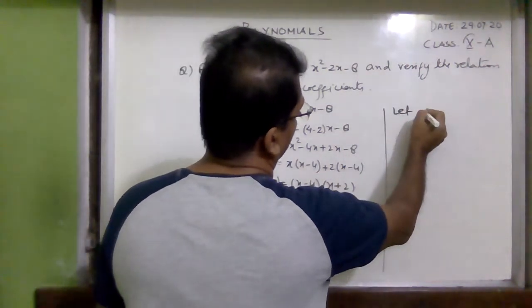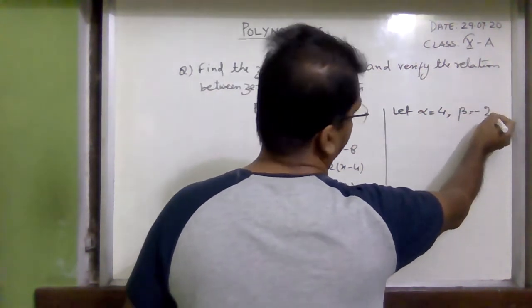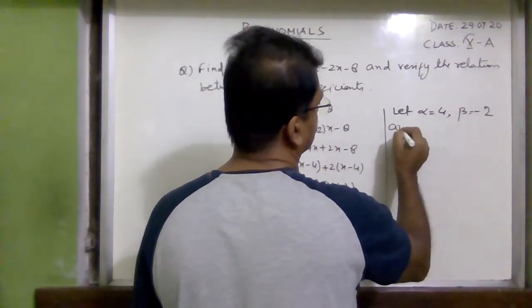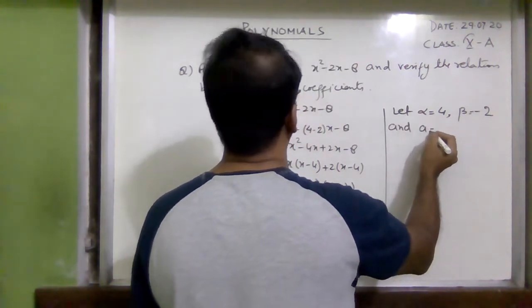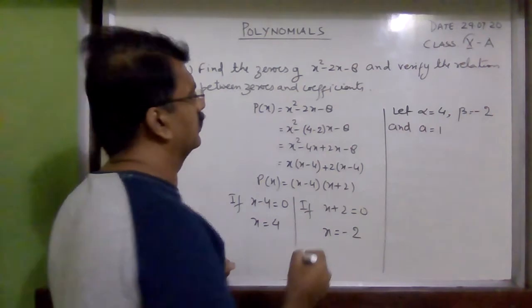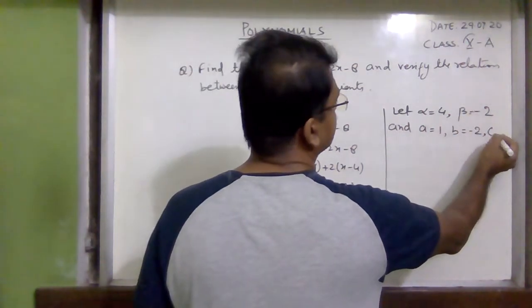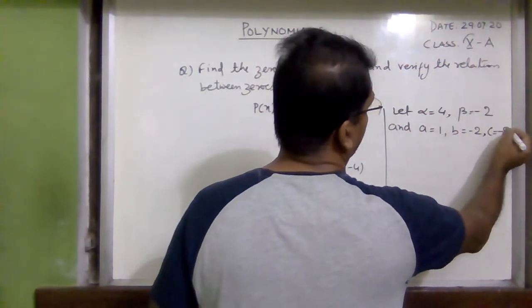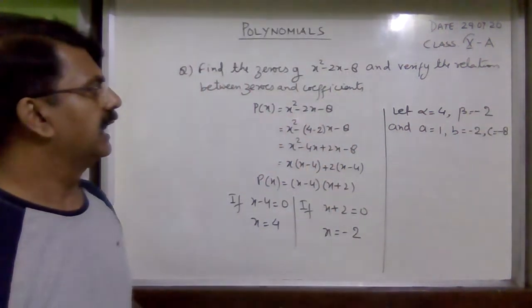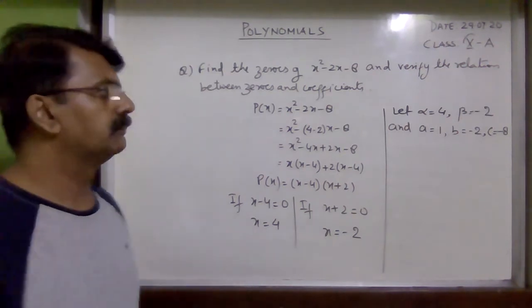Let alpha is equal to 4, beta is equal to minus 2. You can see the coefficient of x square is 1. So a is equal to 1, b is equal to minus 2, c is equal to minus 8.